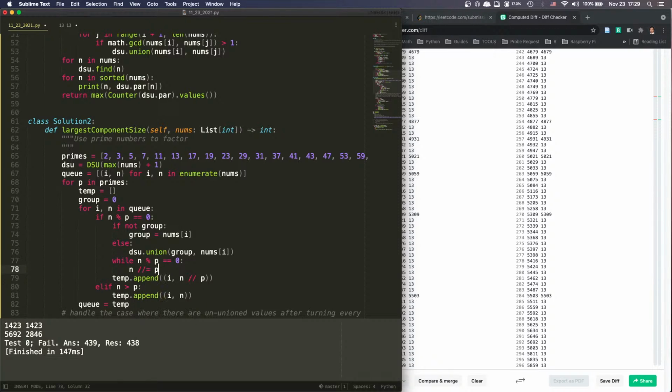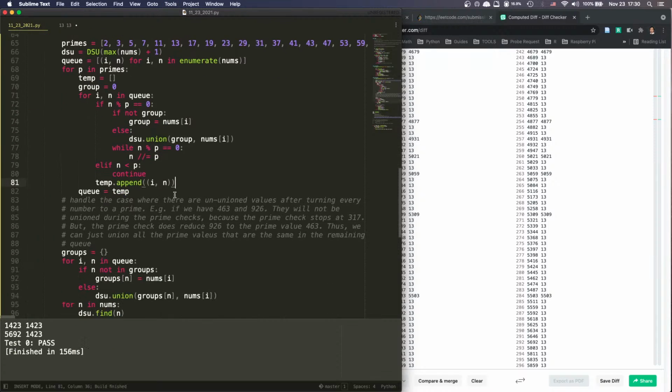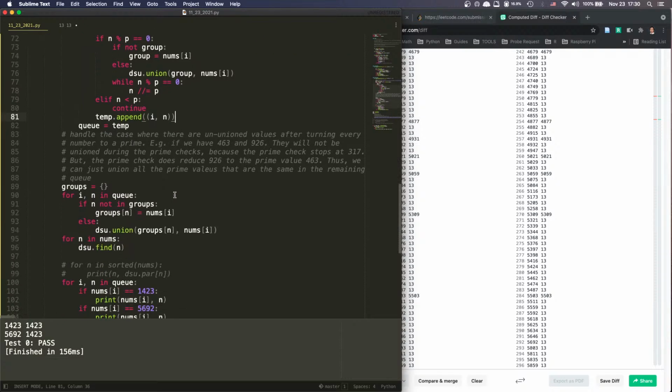Remove all the p. Once you remove all the p, then we're gonna do n, right? If this equals this, else if n is smaller than p, then we just continue. How about this? There we go. Now we're reducing everything.